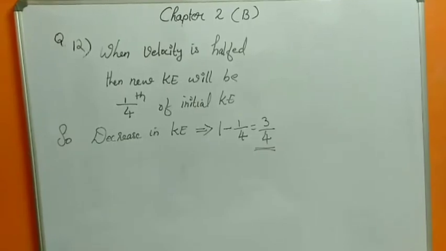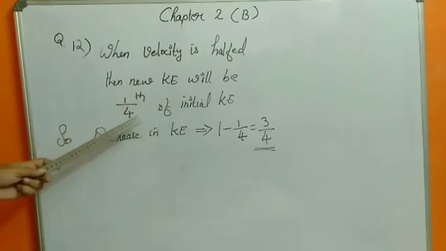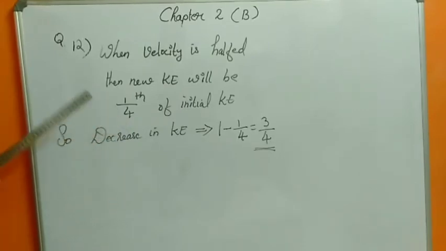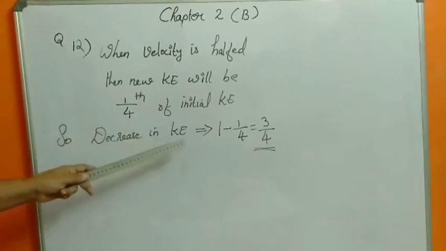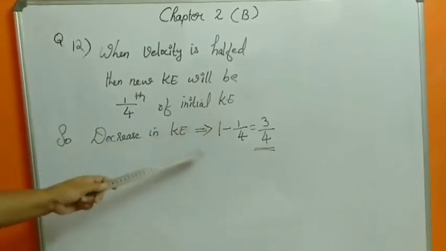That is, when the velocity is halved, kinetic energy will become 1/4. So here question number 12 is, calculate the decrease in kinetic energy. How much energy is decreased from its original position? When velocity is half, the new kinetic energy will be 1/4 of the initial kinetic energy. This statement we already proved with question number 11. So here they are asking how much decreased. Decrease in kinetic energy means 1 minus 1/4. You could ask why I took 1.